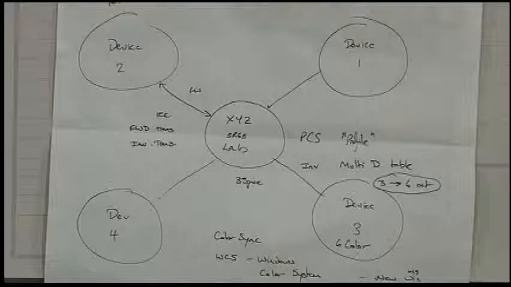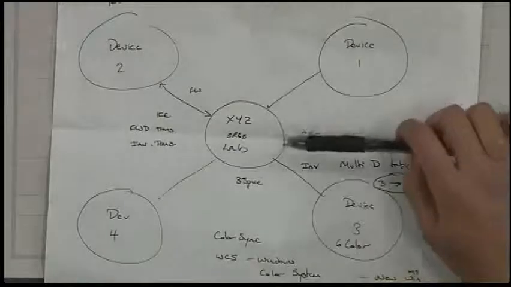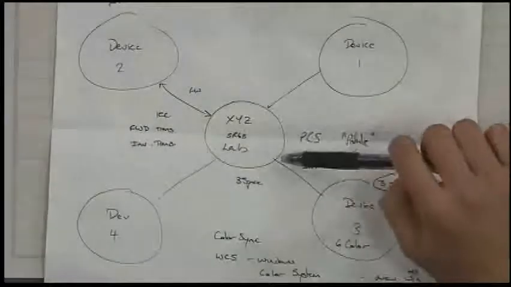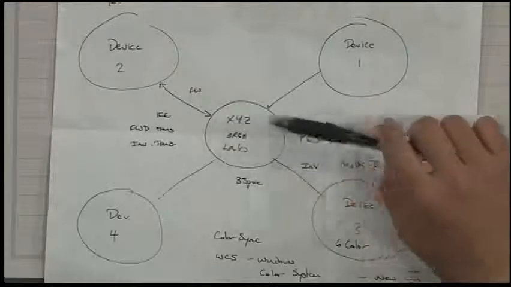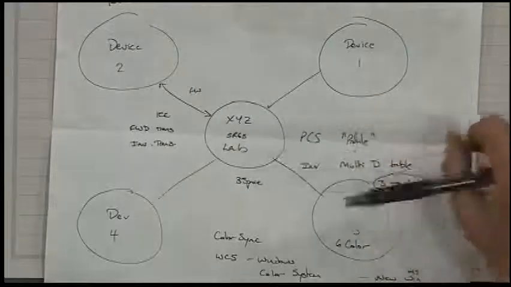But underneath, inside the printer, everything's going through LAB or XYZ. It's just that we hide that from the user. So even though in Windows and other devices they may talk through sRGB, the basic mechanism is very similar to the ICC standard. That's the main point, I think.